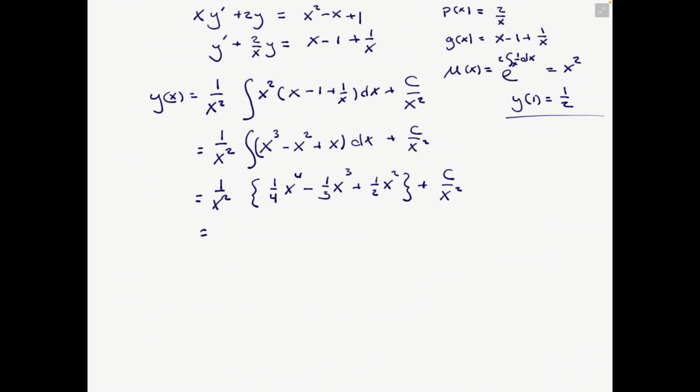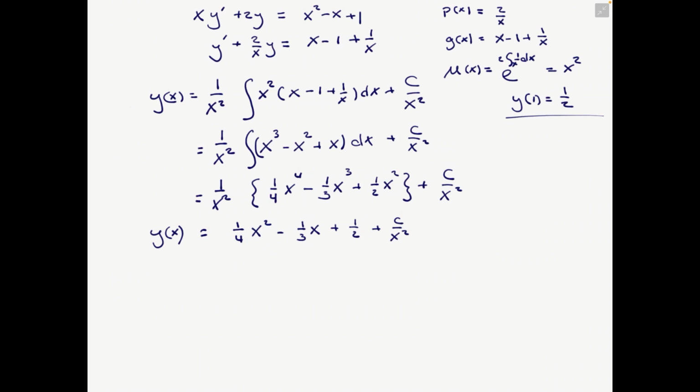So let's simplify this a little more. We got 1 quarter x squared minus 1/3 x plus 1/2 plus c on x squared.